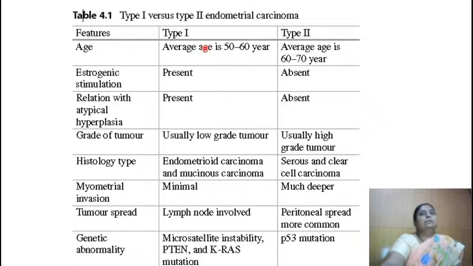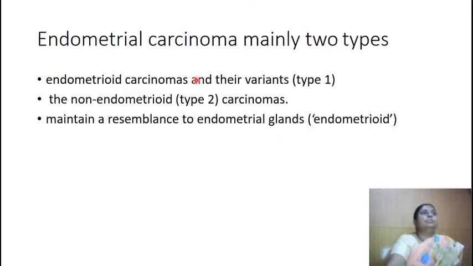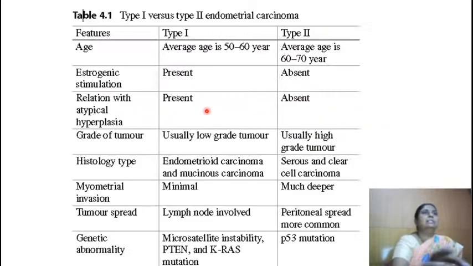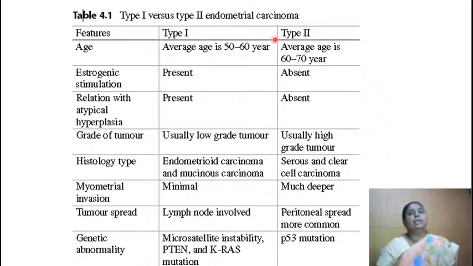Okay, so now we said that endometrioid carcinoma and its variants are called type 1 carcinoma, and non-endometrioid carcinomas are called type 2 carcinomas. Now let us see the differences between type 1 and type 2 endometrial carcinoma. So type 1 is endometrioid carcinoma, type 2 is non-endometrioid carcinoma of the endometrium. So we don't get confused with the terms which we are using.